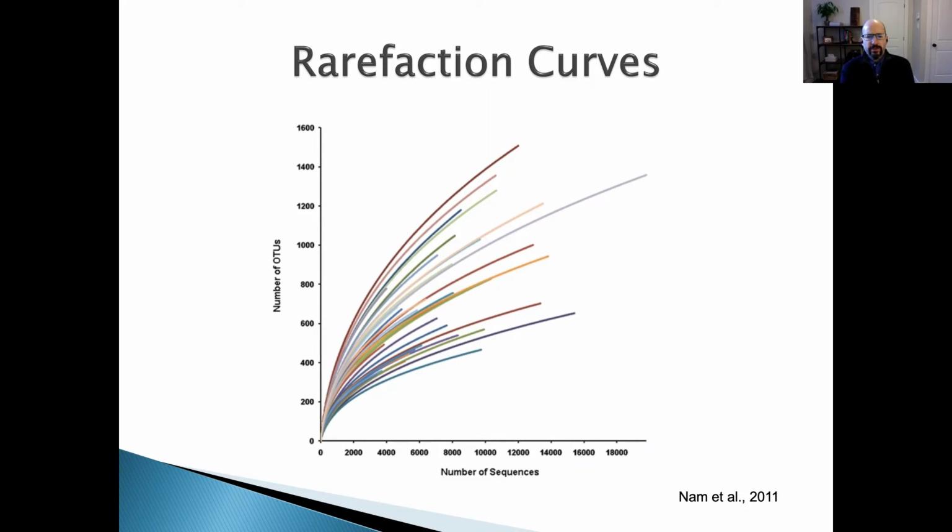Okay. The other thing is that when you see something like that, it depends on the environment. If you are talking about feces, that's fine. You're probably going to have a very high richness and diversity in those samples, or soil, for example.